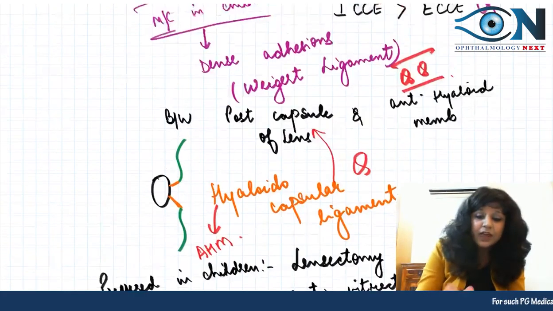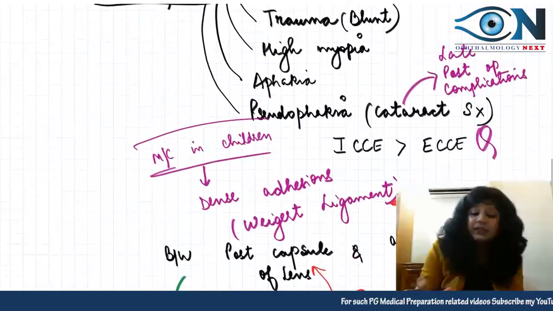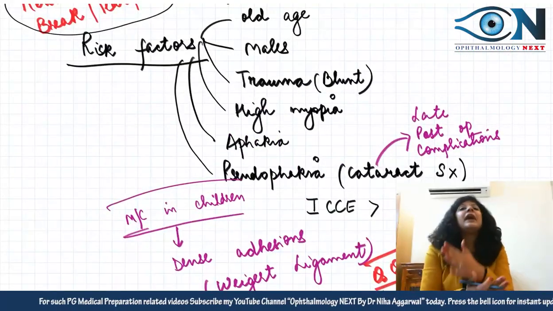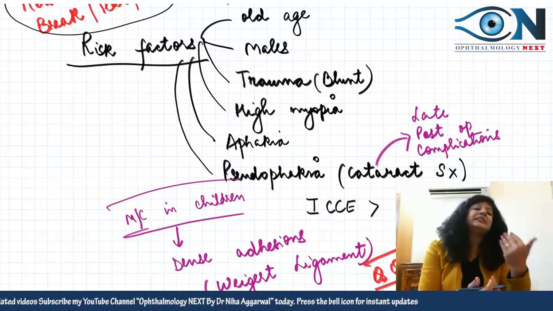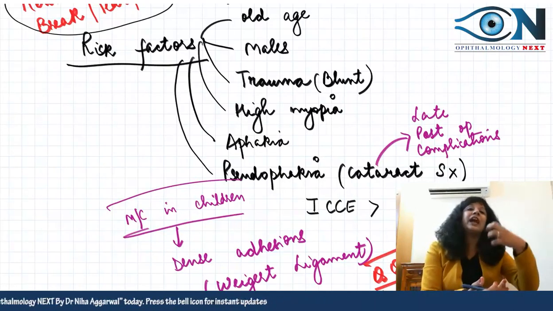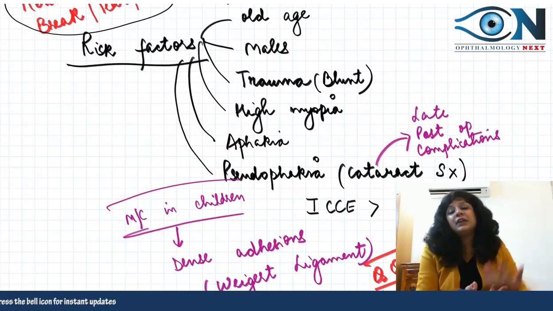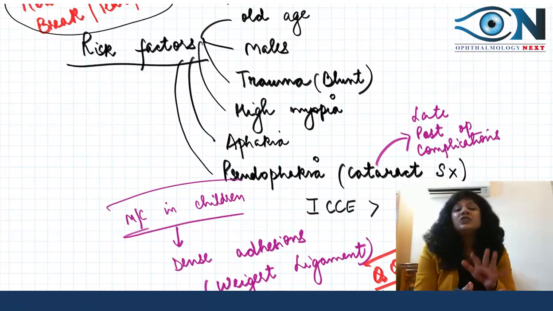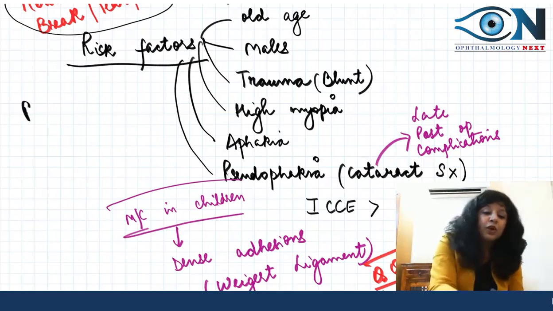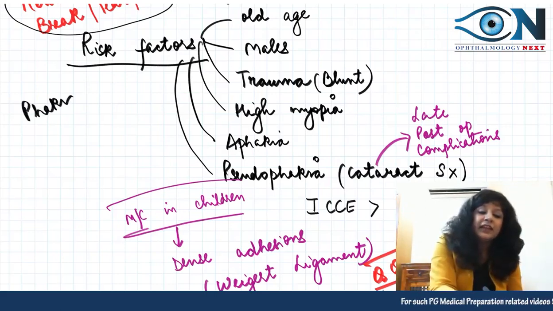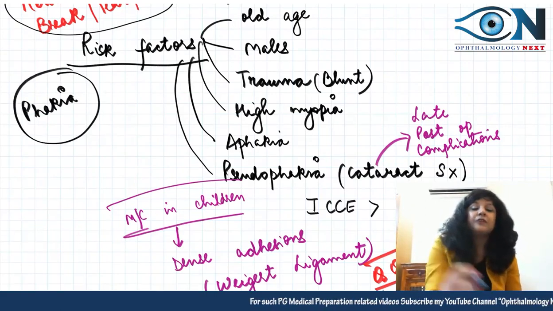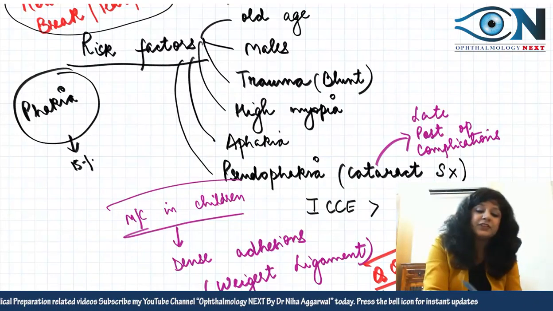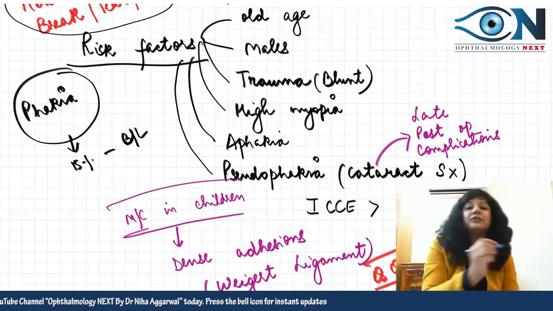Okay. Now, another important thing is that this retinal detachment can also be bilateral. So if one eye is having retinal detachment, there are high chances that we can have retinal detachment in the other eye. So how much are the chances? If you talk about people who have the lens, that means phakia, if the person is phakic, then there are 15% chances of getting bilateral involvement.